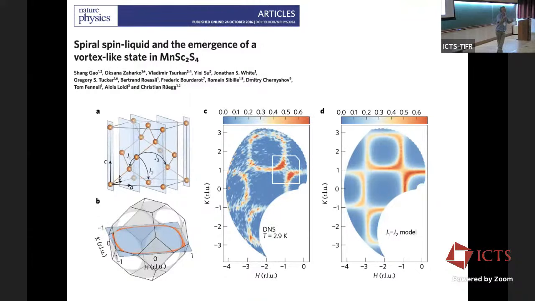Namely, the system tries to explore the space of available low energy Q vectors in the Q space, and it precisely coincides with the spiral spin liquid prediction from the J1, J2 first and second neighbor exchanges on the diamond lattice.